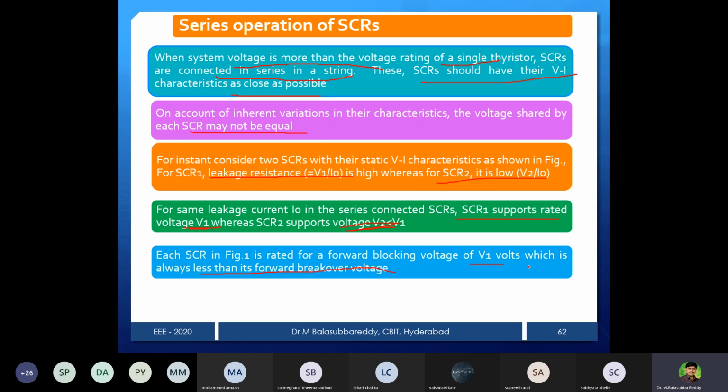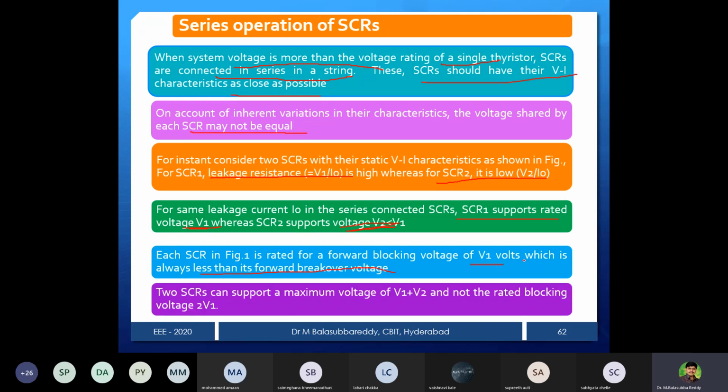But the device should conduct only when you give the firing pulse; only at that instant should it fire. If the blocking voltage or sharing voltage is more than VBO, the breakover voltage, the device will automatically start conducting. To overcome that drawback, the blocking voltage must be less than the breakover voltage. That is the sentence here.